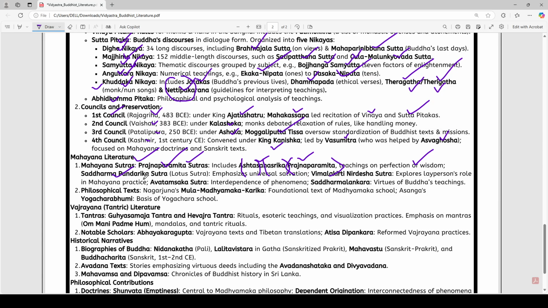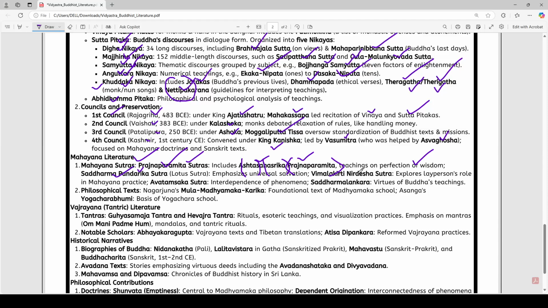Sadharma is the true teaching, and Pundarika is a word for lotus. These words, if you know them, help with UPSC, which simply asks which is a Buddhist work, Jaina work, or which scholar belongs to Buddhism or Jainism. That is enough for you to know.